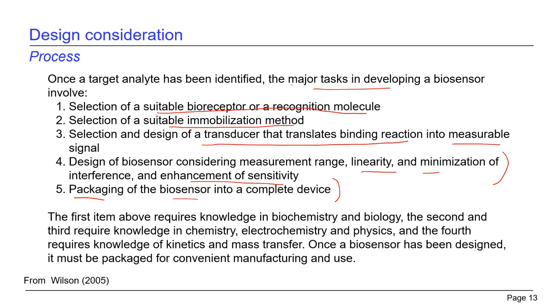Second is chemistry, electrochemistry and physics, and the fourth requires knowledge of kinetics and mass transfer. Once the biosensor has been designed, again, packaged for convenient manufacturing. We're not talking about printing up with a bow. All right, the knowledge of kinetics and mass transfer is going to be important because we're talking about the way in which molecules are whisked away from the surface of the substrate.